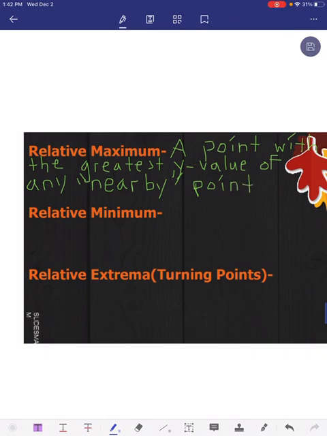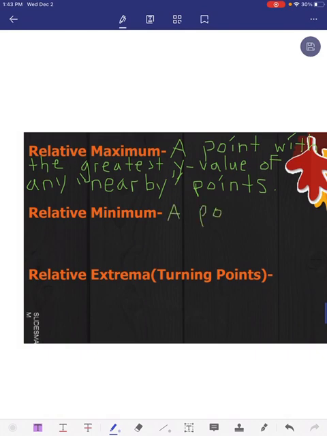Now I put nearby in quotation marks because nearby doesn't really have a mathematical definition. In order for us to give a very accurate definition, we would have to use mathematics that's above our level at this point. So basically, we're just going to look at if it's the highest point of anything that's kind of close to it.